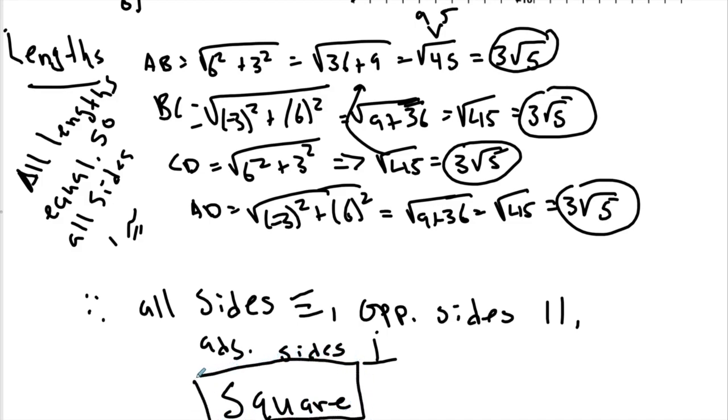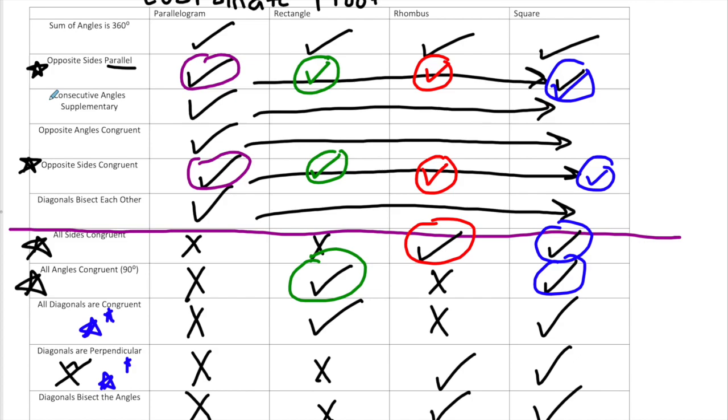You've now proven the shape is a square. Okay? So look, folks, this coordinate proof comes down to these key rules and properties of shapes. We need to know these because this chart I stress the importance of because it demonstrates how each shape relates to the others. So you need to have an understanding, one, of the properties of the 4 shapes and also how they relate to each other, okay?